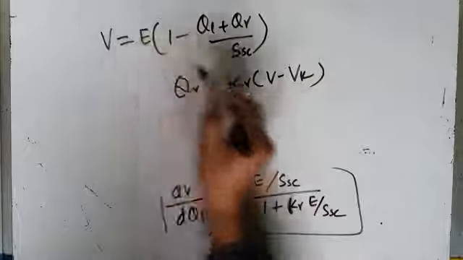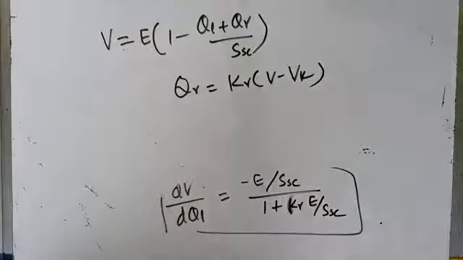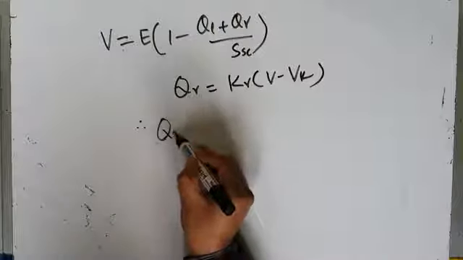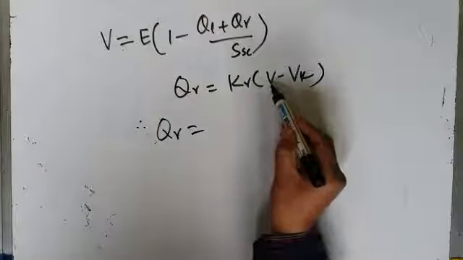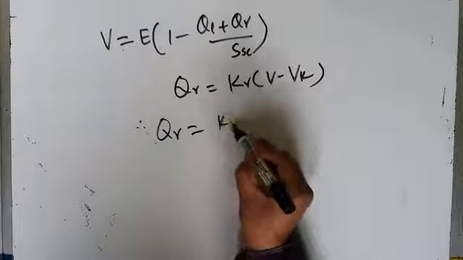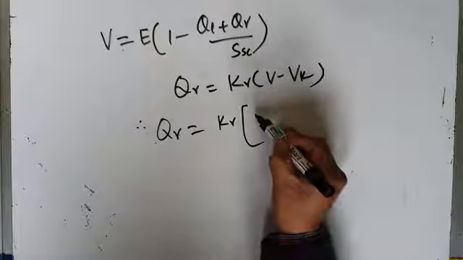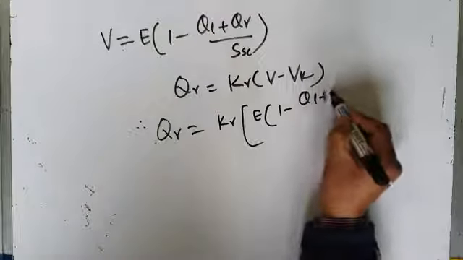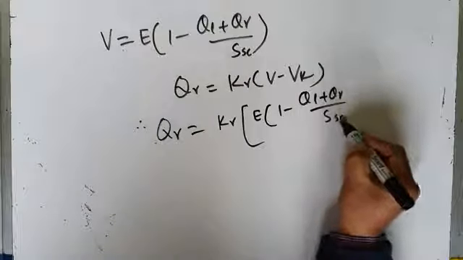Now if I substitute this V into this equation, I will get a new equation. So Q gamma is equal to K gamma times V minus Vk, where V is E into 1 minus QL plus Q gamma by SSC.